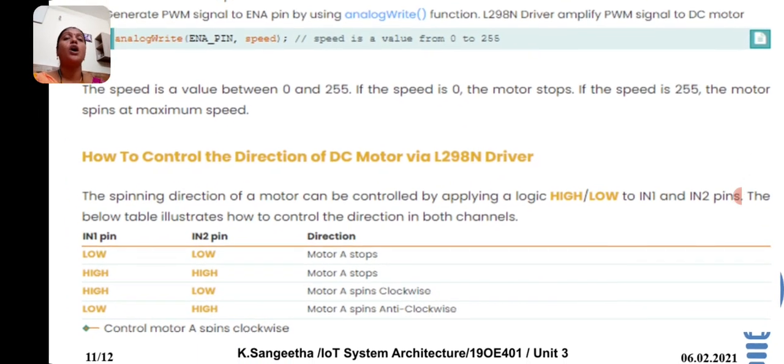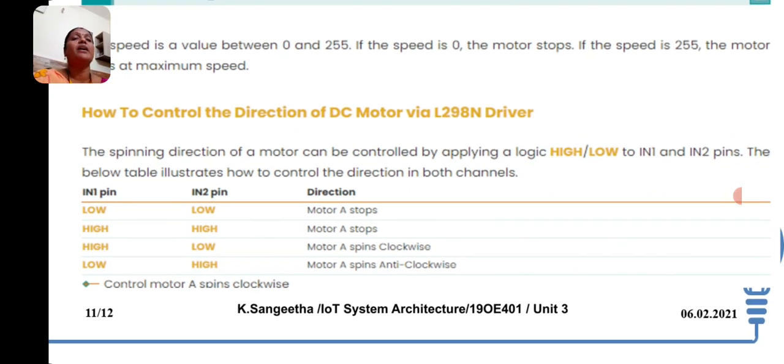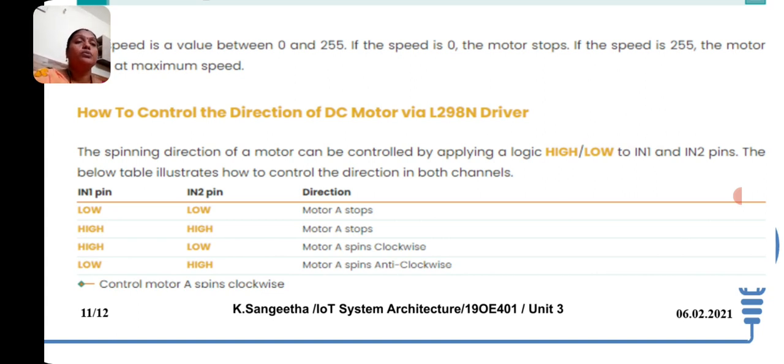Next, how can the direction be controlled via the L298N driver? The spinning direction of a motor can be controlled by applying a logic high or low to the IN1 and IN2 pins. Using the L298N driver, a maximum of two motors can be connected.